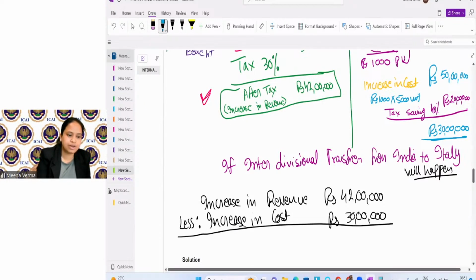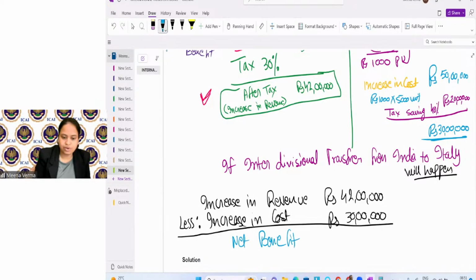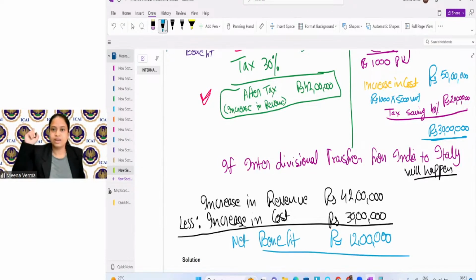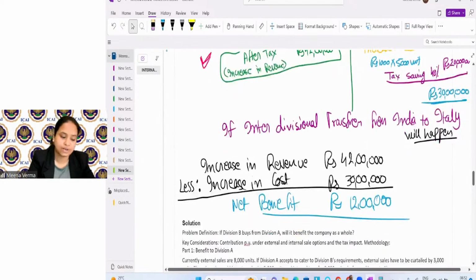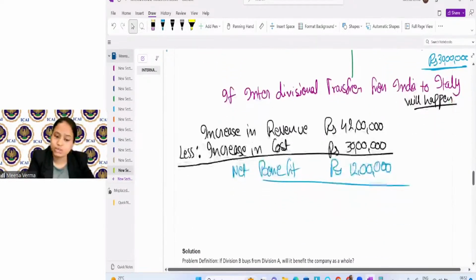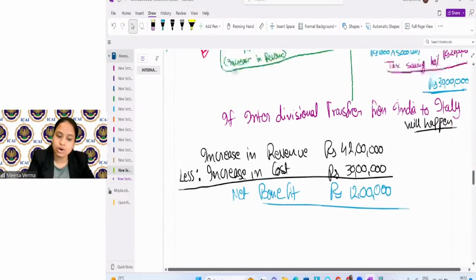So the net benefit will increase by rupees 12 lakh. This will happen here. Simple, right? So you can see it will increase the net benefit of the company by 12 lakh. Good for the company.